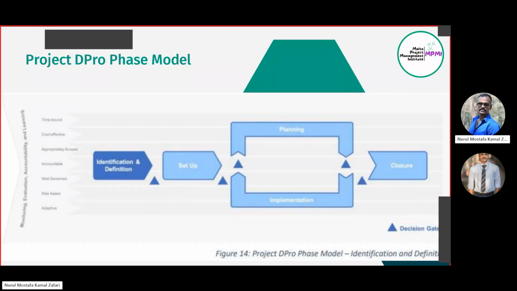Now you draw a Gantt chart or project schedule or time frame. Then now you go ahead to the donor that these are the setting things means the project has been set.